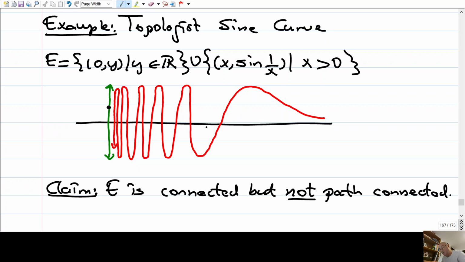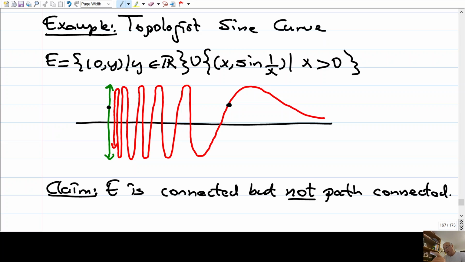And this red curve is also connected because it is the image of a continuous map, the graph of sine 1 over x. Both of them are connected, so this whole space is connected.